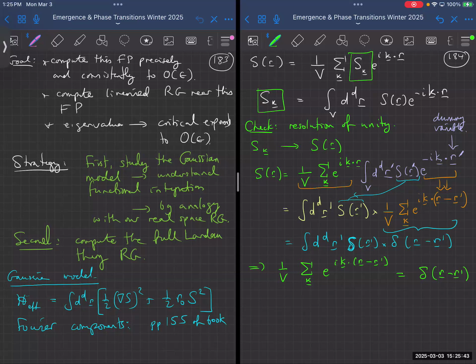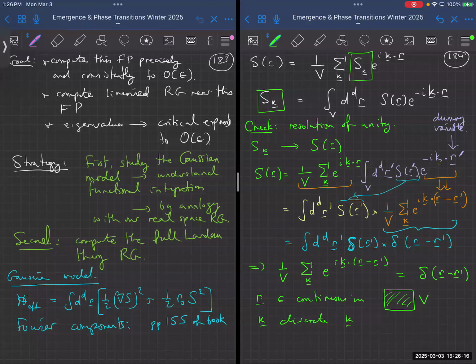And remember, R is a variable in continuous space, but it's continuous space in a finite volume. So the allowed k modes are like 2 pi over the cube root of V, or the d-th root of V, times integers. Okay, so R is continuous in some space volume V. K are discrete.